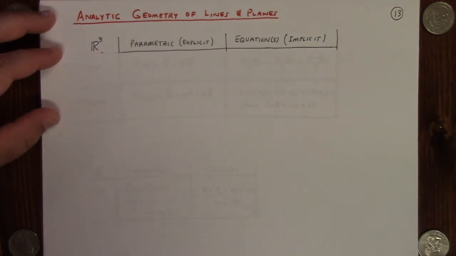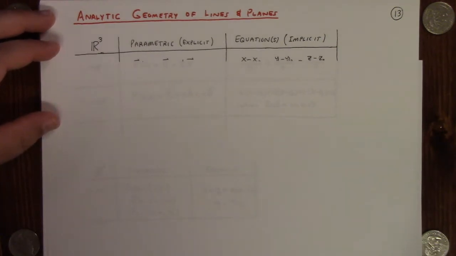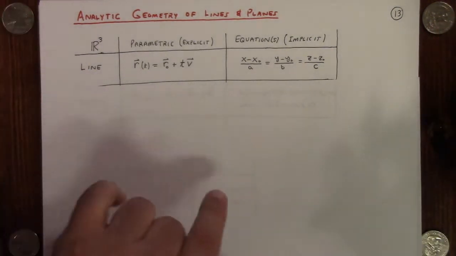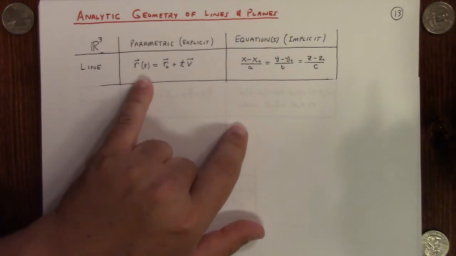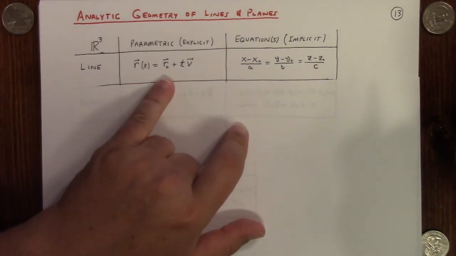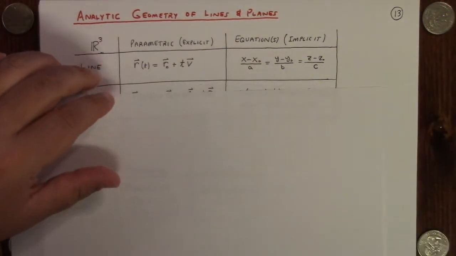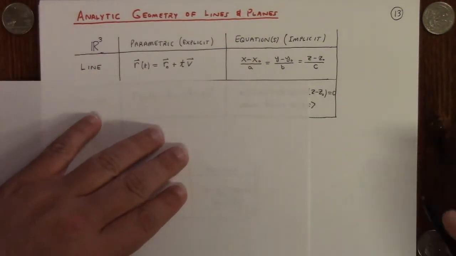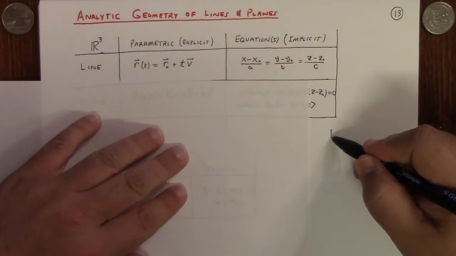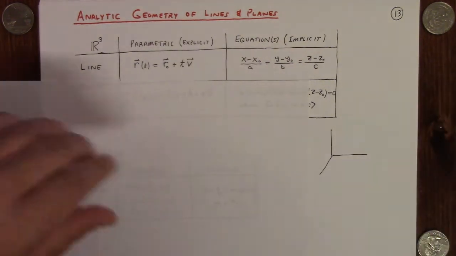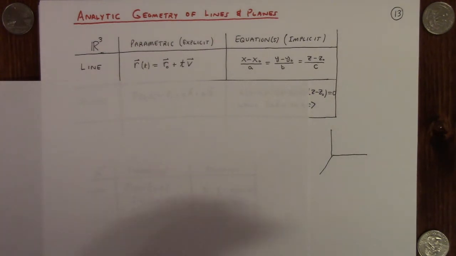Now, to start with, in 3 dimensions, we could describe a line parametrically by r of t is equal to some base point r naught plus tv. I'll draw a picture down here of that. So basically what's going on is, the line is somewhere out there in space, all right?